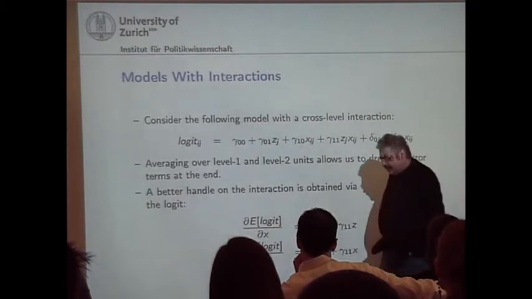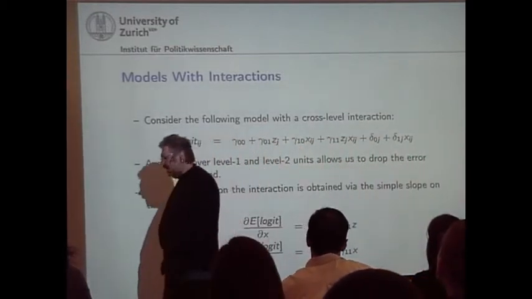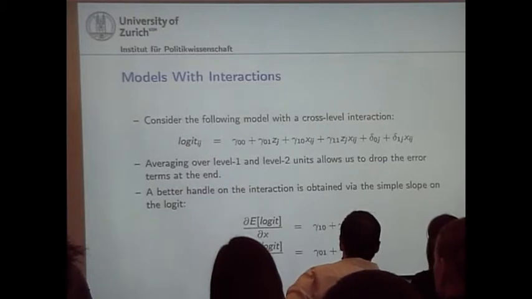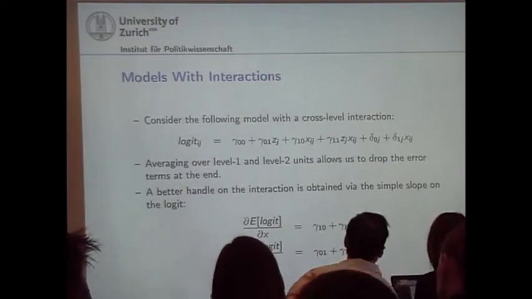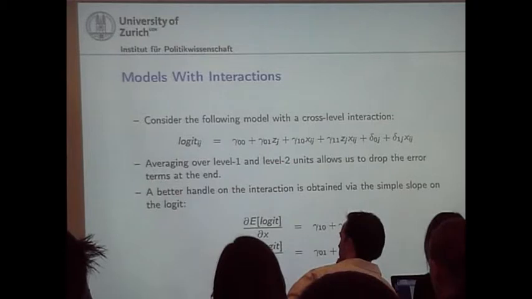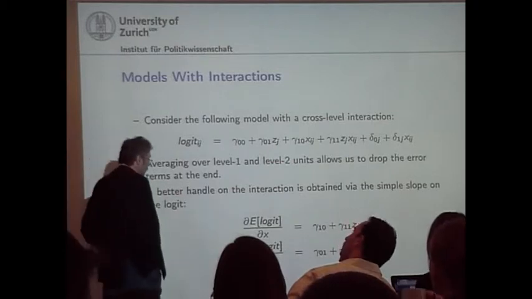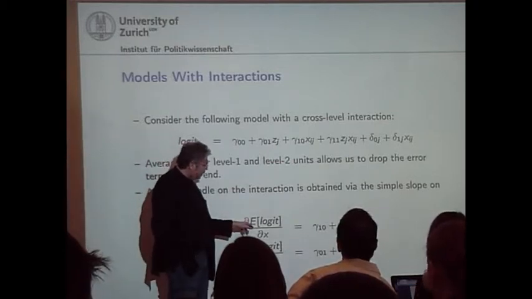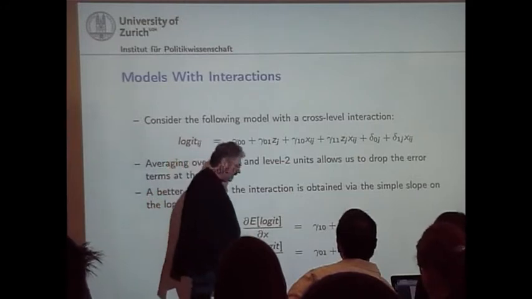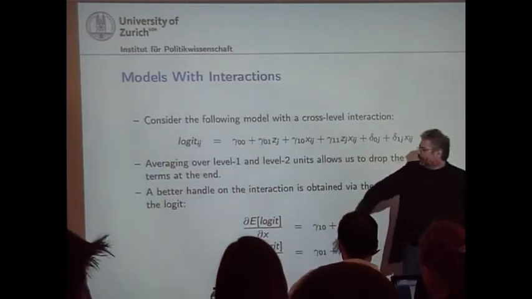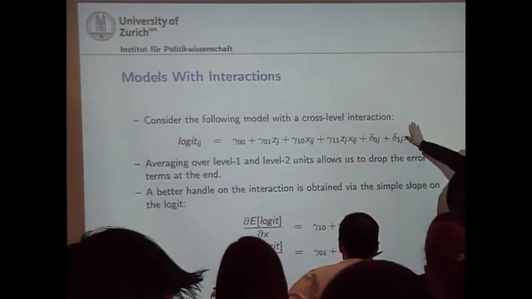Now, how do we interpret models that have interactions, for example, a cross-level interaction? Again, what we do is we work with the expected logit. So, the expectation over the logit, which means essentially, again, we wipe out all the random components.